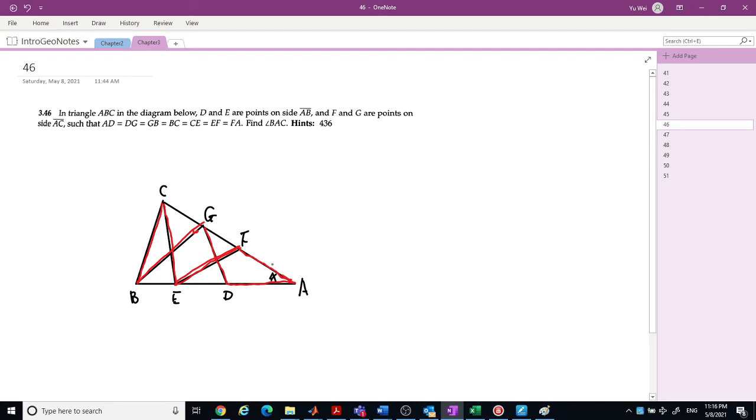There are so many isosceles triangles or congruent triangles. If I have an isosceles triangle and my vertex angle is x, then this angle is 90 minus x over 2. Basically, you can just do this: this one equals this one, this x over 2, so this 90 degrees.